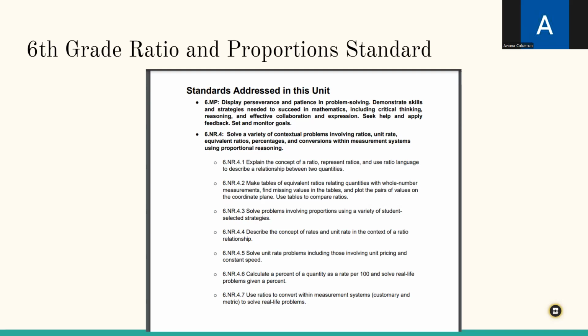For example, we have 6.NR 4.2: make tables of equivalent ratios relating quantities with whole number measurements, find missing values in the tables, and plot the pairs of values on the coordinate plane. Use tables to compare ratios.